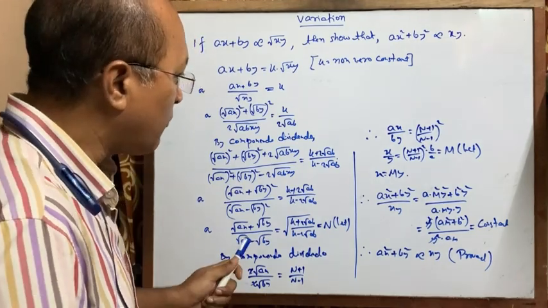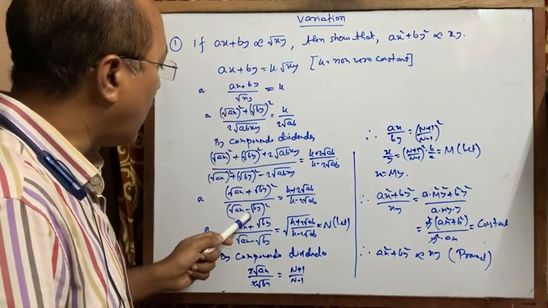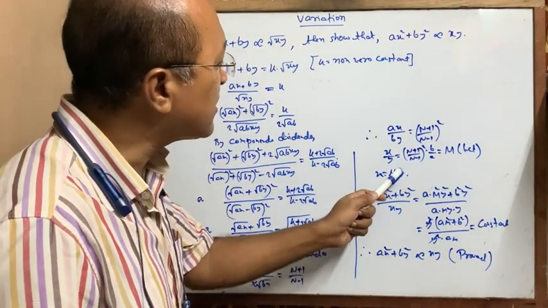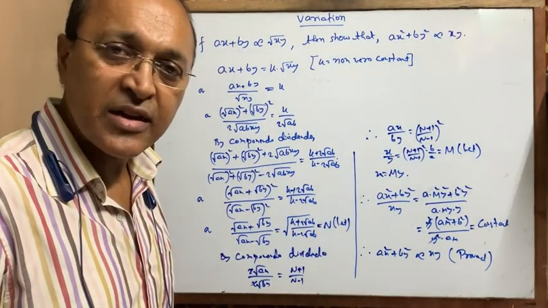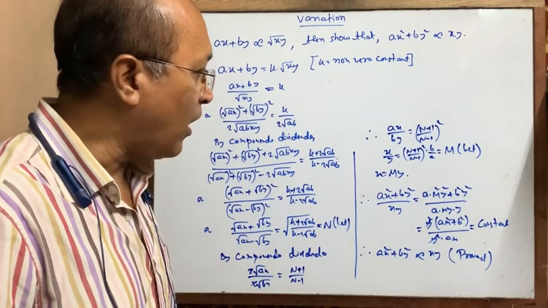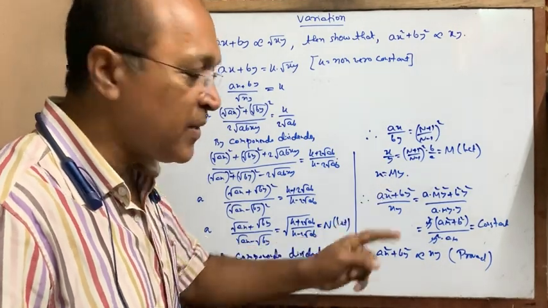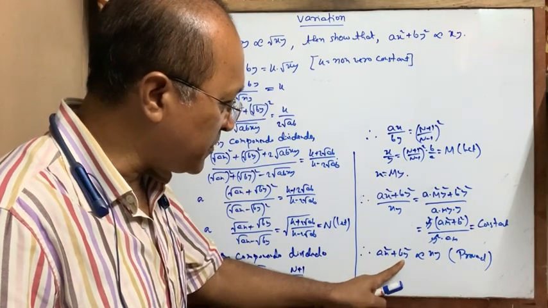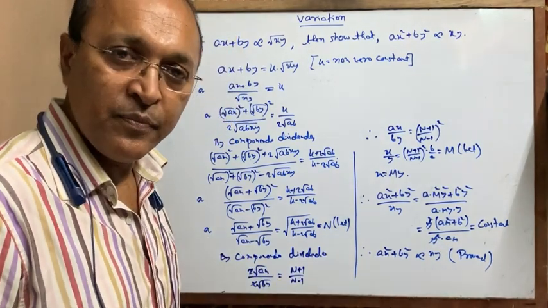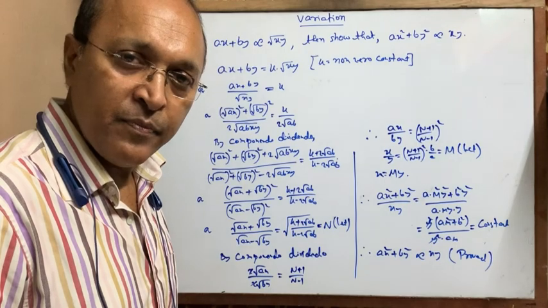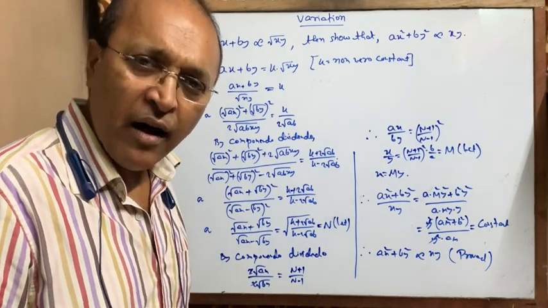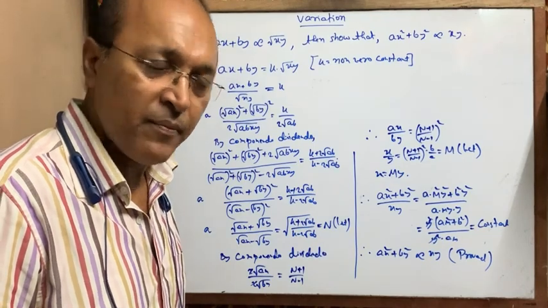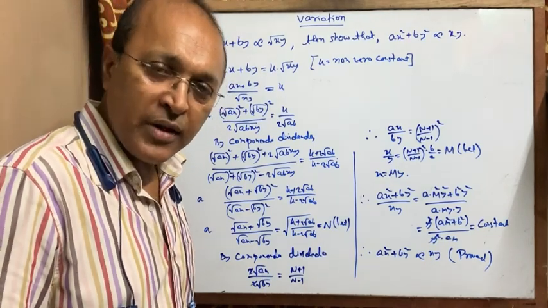Ultimately, after all these steps, we have found x is equal to my, and with x replaced by my, we got ax square plus by square proportional to xy. This one is a bit harder, but very interesting and important. I'll be back with another problem.